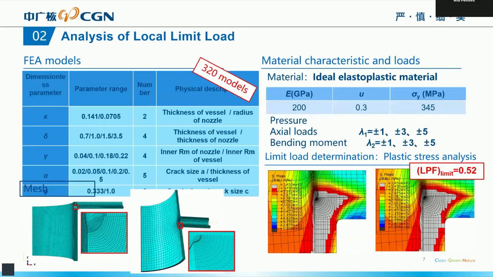The FEA, the finite element analysis, has about 320 models covering the parameter range, with five dimensional parameters. The material is ideal elastic-plastic, including pressure, axial loads, and bending moment, and the limit load determination uses plastic stress analysis.